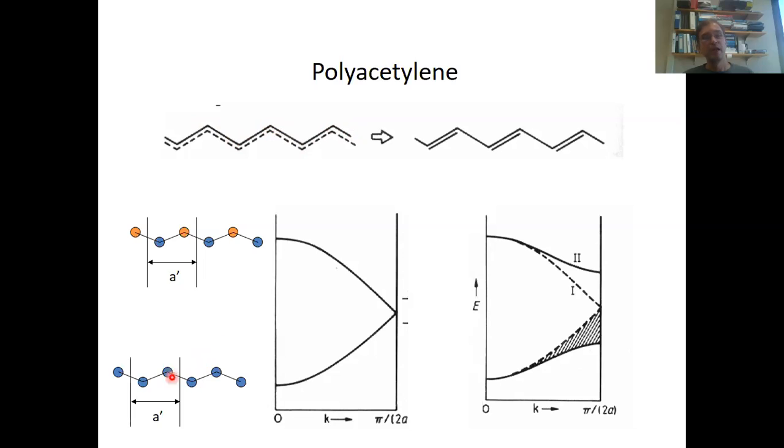All right. And the electronic situation could be described by a band structure in which we have a folded band, whereby this orbital here would be the most bonding crystal orbital at k equal to 0.